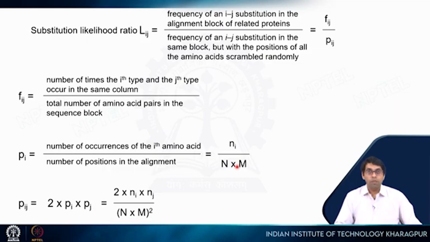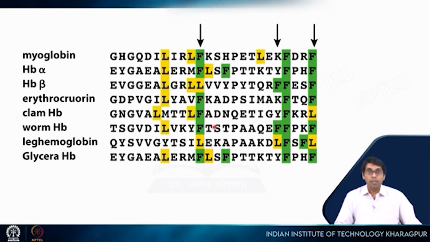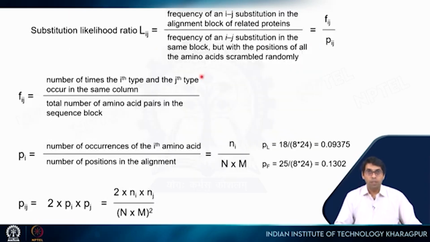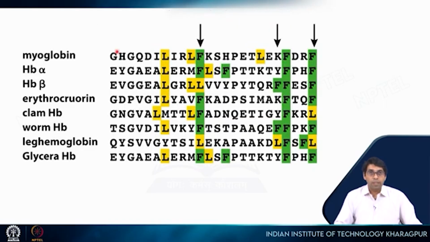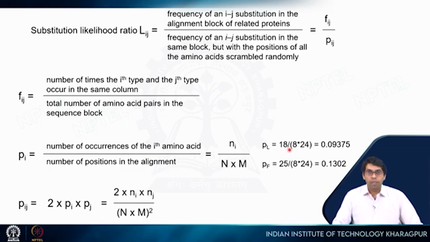Okay. So, how many times the amino acid shows up divided by the total number of positions in the alignment. So, let us look at the substitution of phenylalanine with leucine or leucine with phenylalanine. Let us calculate this first. PL is 18 divided by 8 times 24. So, there are 8 rows and 24 columns. So, that is the total number of amino acids there. Okay. How many times does my leucine show up?